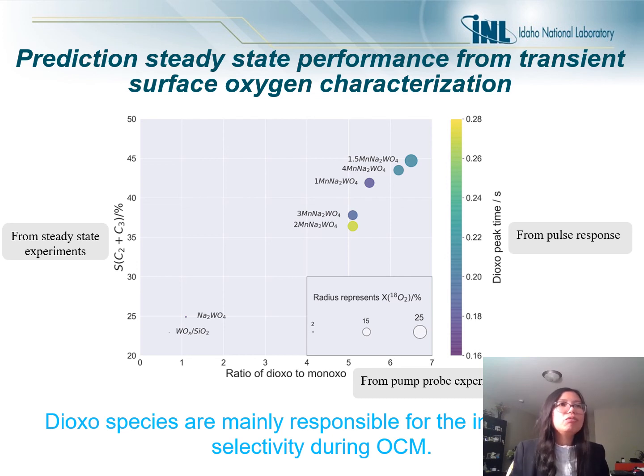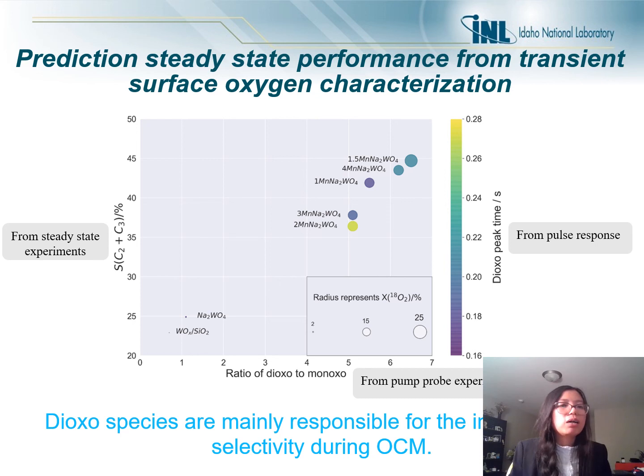As we can see from this relation here, we can conclude that the higher the ratio of dioxo to monooxo species, the higher the selectivity of the OCM performance will be. The higher ratio of dioxo to monooxo species also leads to higher 18O2 conversion, meaning higher oxygen activation efficiency.